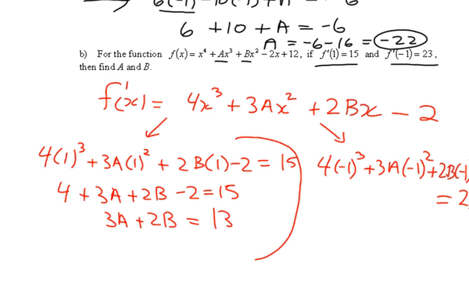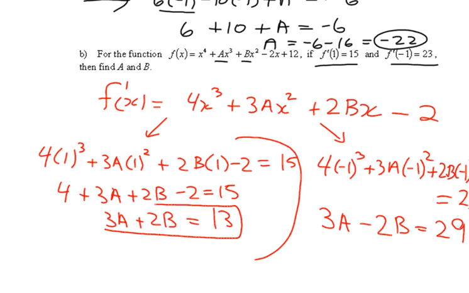Okay, so for this one, what I got when I simplified it was 3a minus 2b equals 29. Now, let's put a box around these two equations. How many feel like adding those two equations?